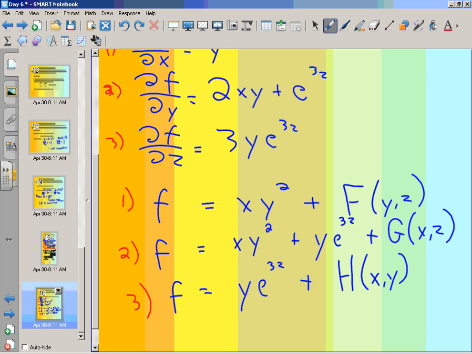Okay, so notice, we need this function that depends only on y and z. And so do we have a piece in here that would fulfill that? So that would be like this piece here, y e to the 3z.